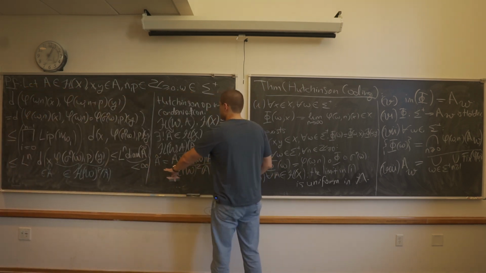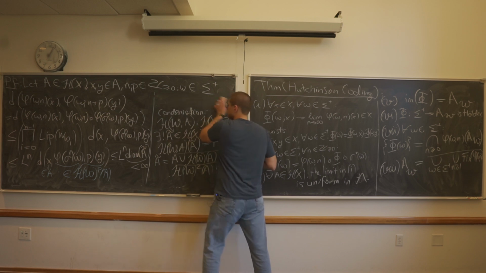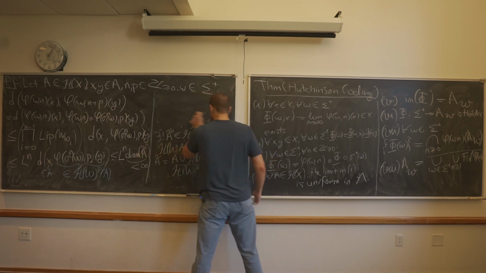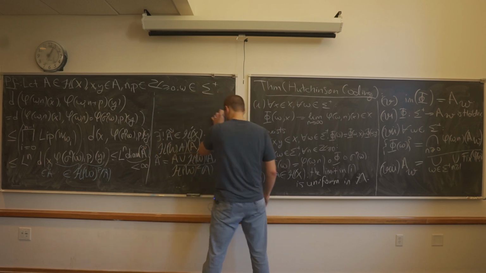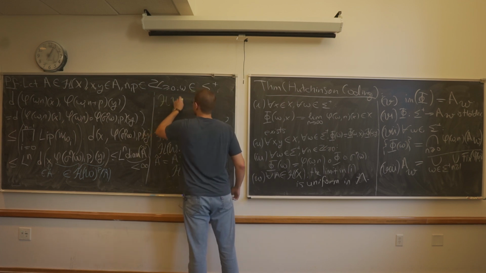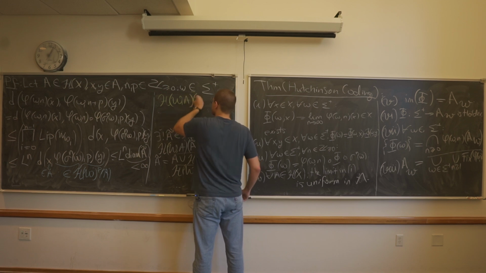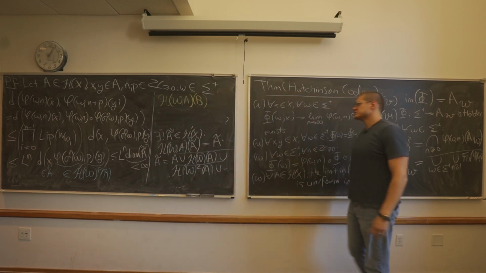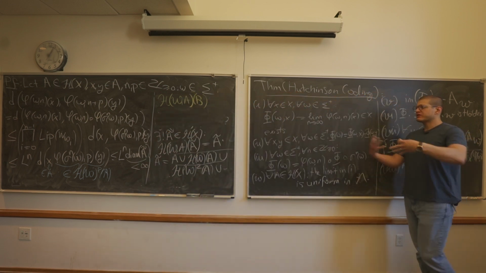So, let's say a couple more words about this. More generally, what is the Hutchinson operator with condensation A applied to some set B?